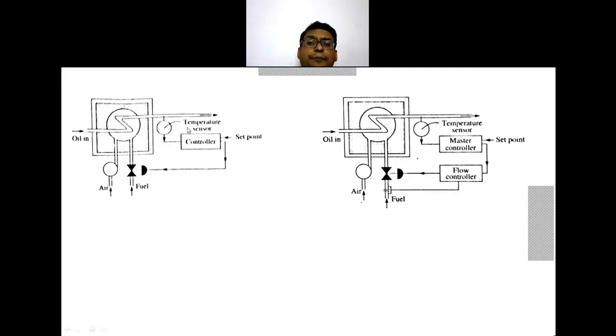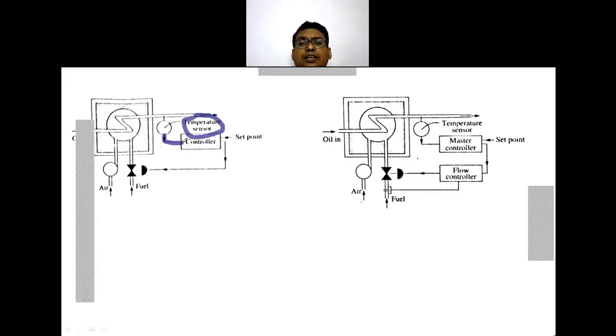So the outlet temperature of the oil is measured, which gives a signal or feedback to a controller, and the controller takes action depending on the measured temperature and gives a signal to the control valve for the entry of the fuel. That means if the temperature is increased, I have to reduce this fuel flow rate.